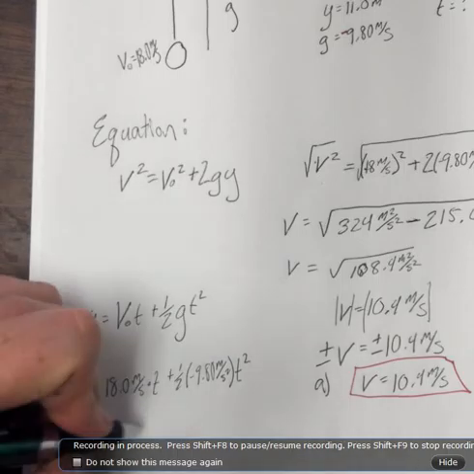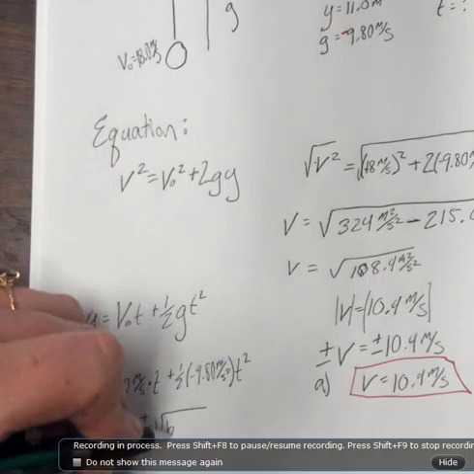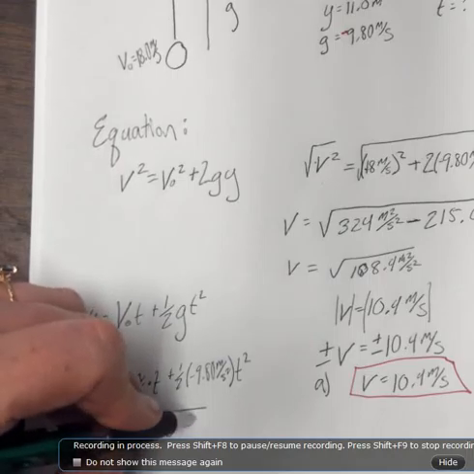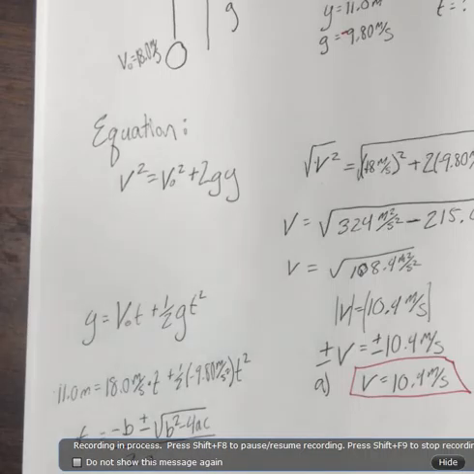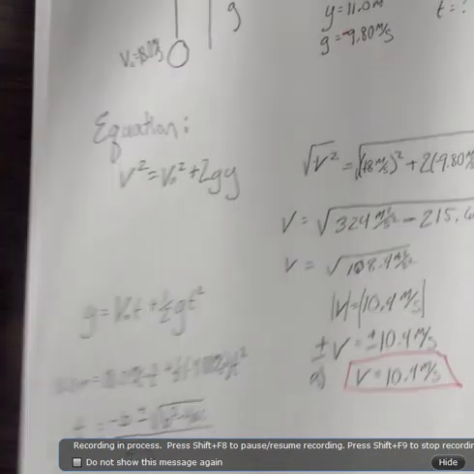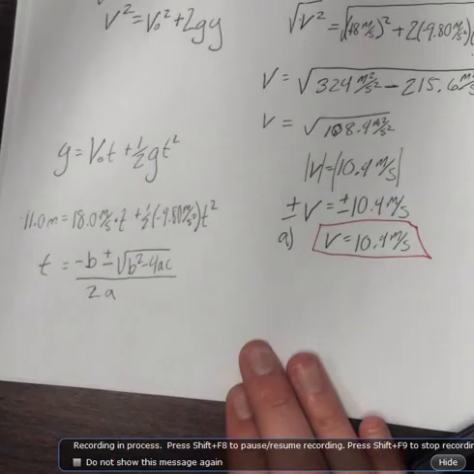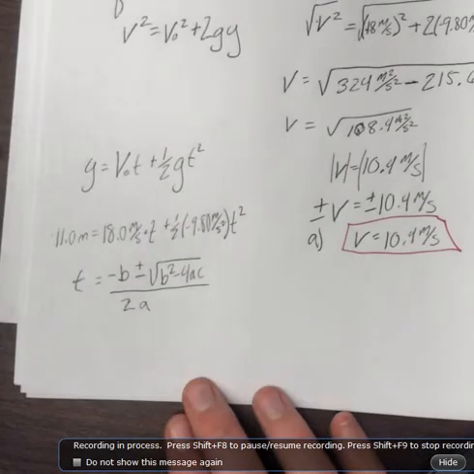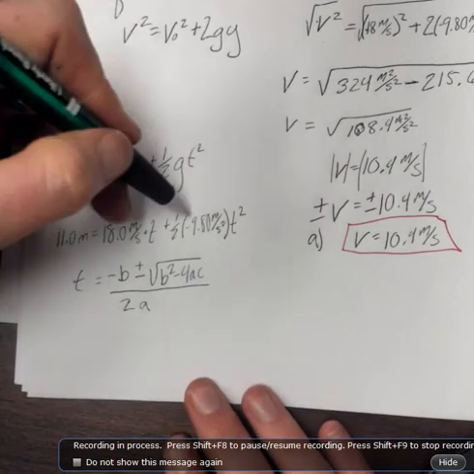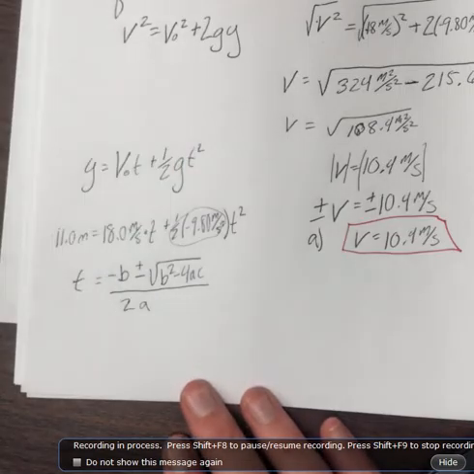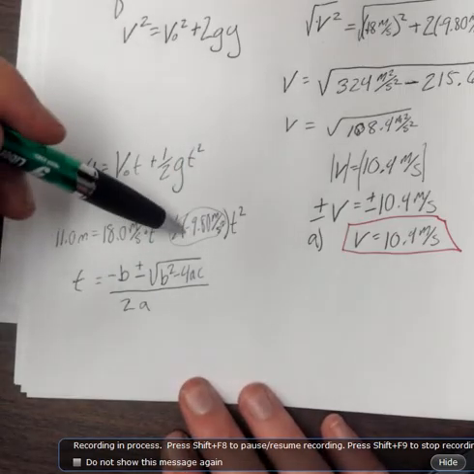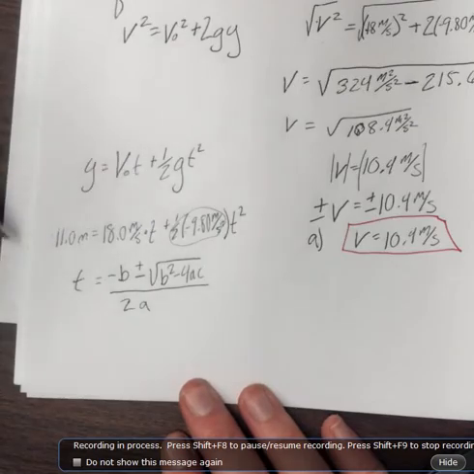And then it's going to be negative b plus or minus the square root of b squared minus 4ac all over 2a. Now, I'm going to set up the equation equal to 0 so that when I rearrange, I'm going to resolve this right here so that it's negative 4.9, and I don't want my a value to be negative, so I'm going to rearrange everything onto this side of the equation.